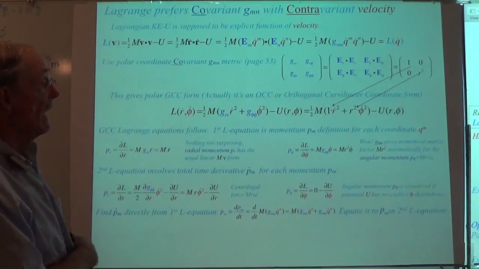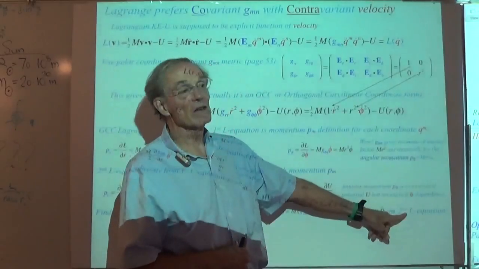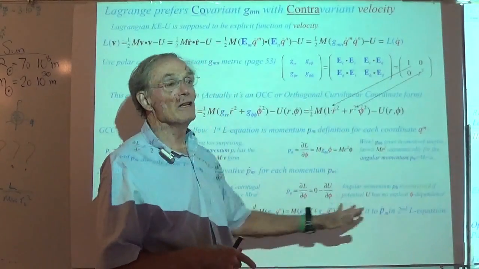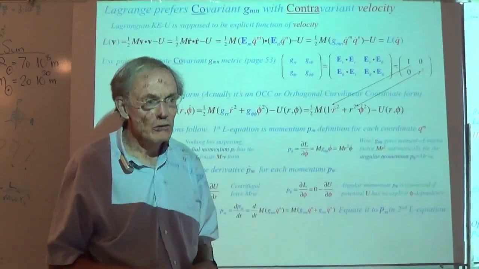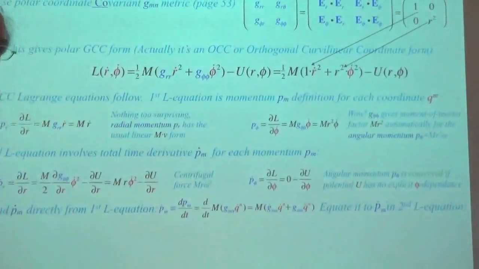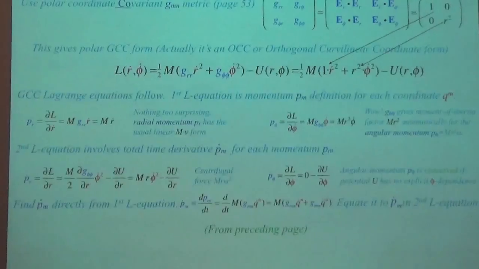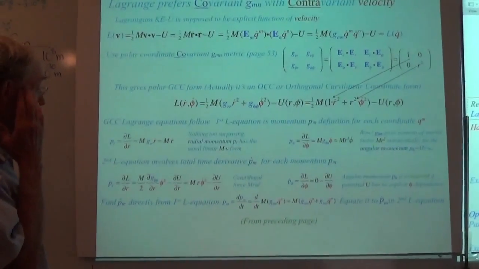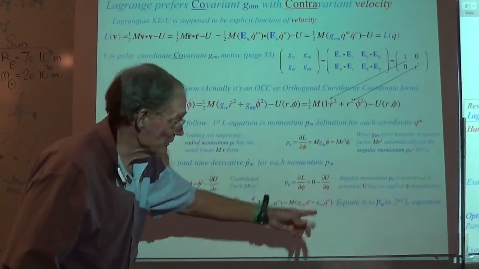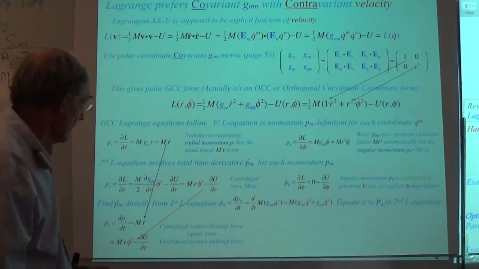And then you equate that to the p dot that you got from the second Lagrange equation. So that's the sort of dirty manipulation that you usually have to do when you're using Lagrangian equations. So we'll go ahead and do that, because that will be giving us the canonical force. Okay, so that's what we're about to perform here on these slides right here.